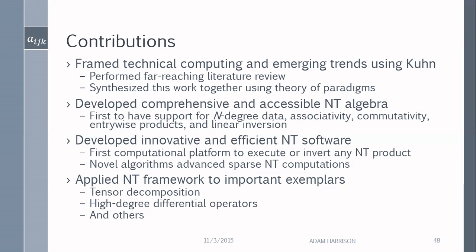We developed innovative and efficient numeric tensor software. It was the first computational platform to execute or invert any numeric tensor product. There were novel algorithms that advanced sparse numeric tensor computations. We applied the numeric tensor framework to important exemplars: tensor decomposition, high-degree differential operators related to depth map and albedo estimation, and others.